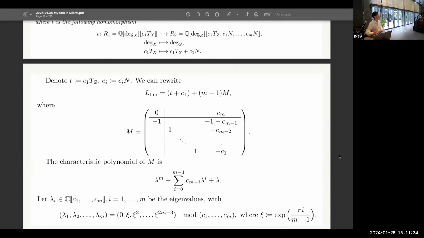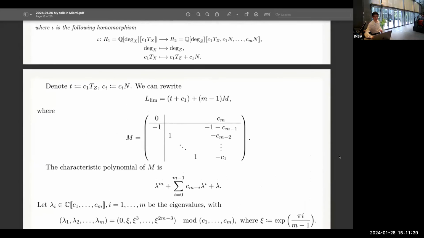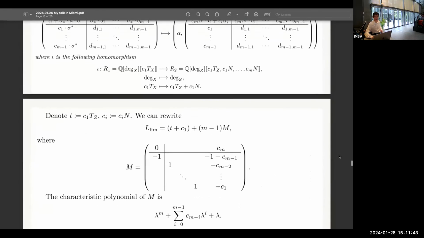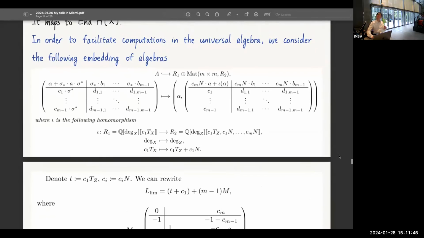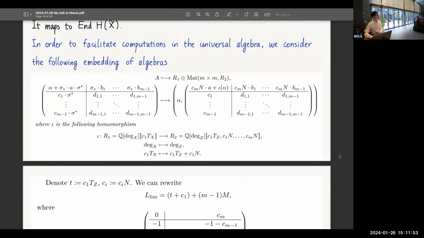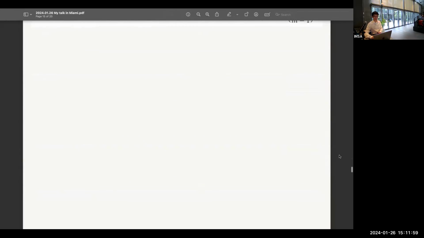Any questions? Or maybe I didn't introduce L-limit. L-limit should just be K-limit under the embedding of universal algebra. It's just the usual K operator. Yes.